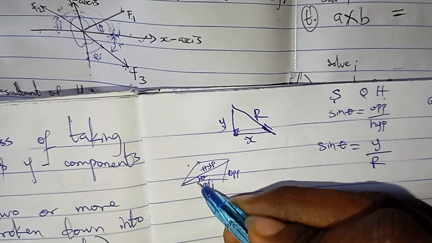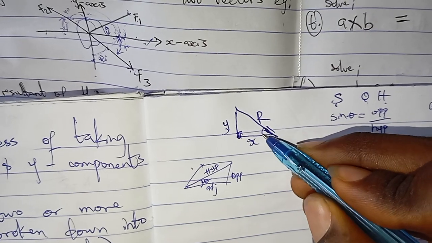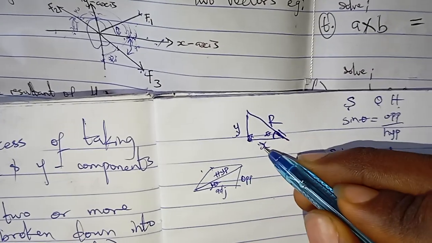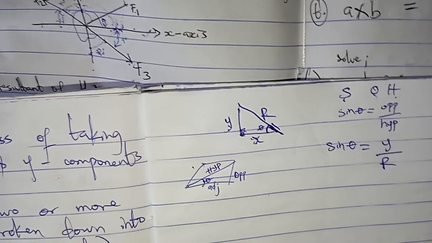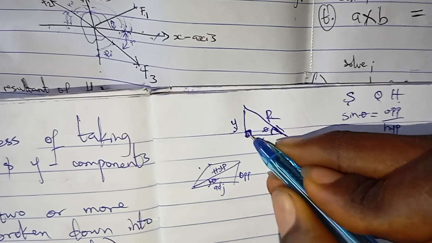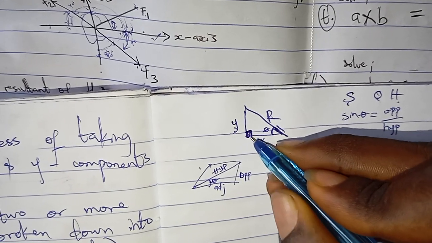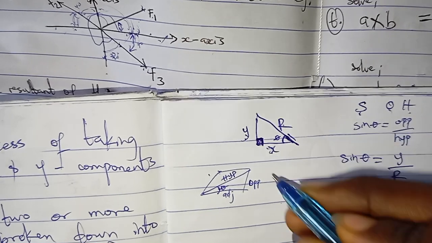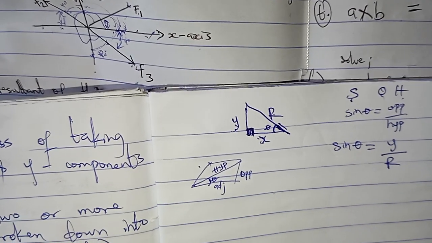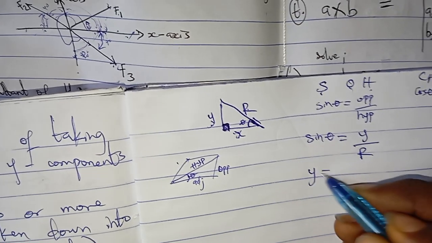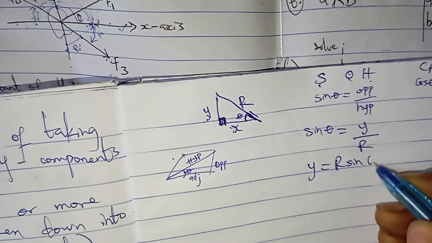So in 90 degrees, we always imagine it this way: opposite, adjacent, hypotenuse. The angle is at horizontal, vertical. So making y the subject of the formula, you see that y equals r sine theta.